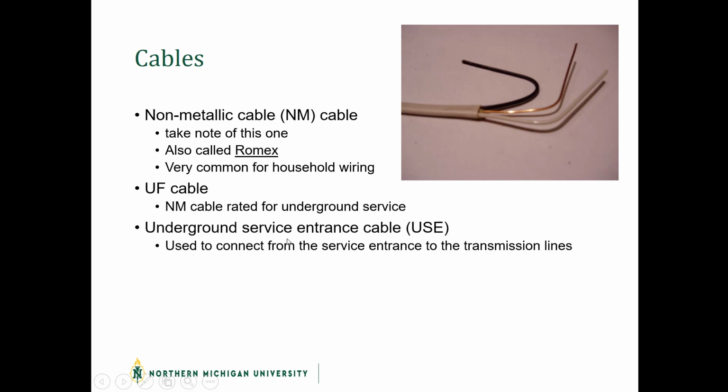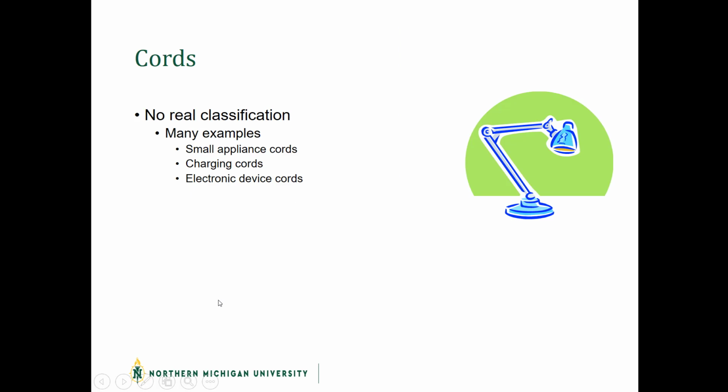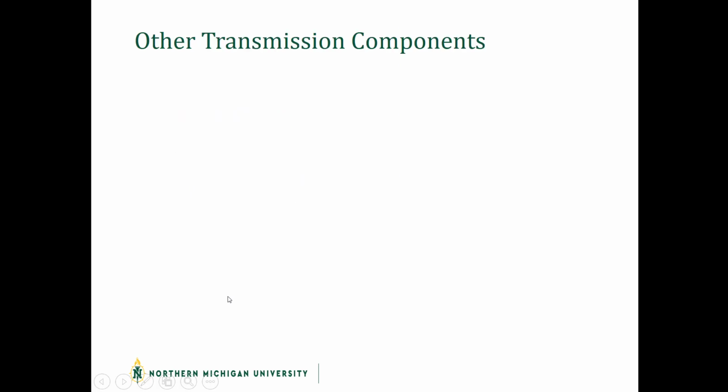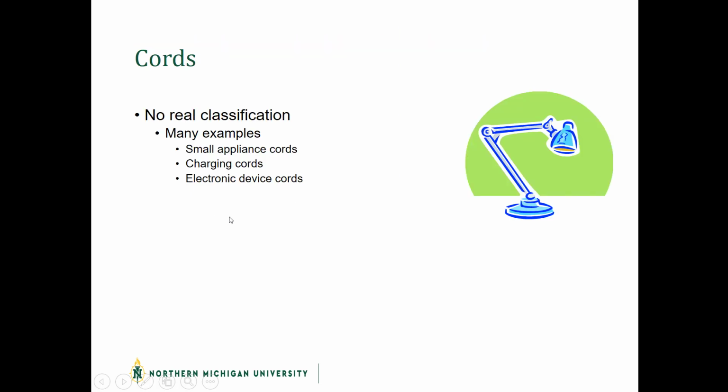Underground service entrance cable, USE, is used to connect from the service entrance to transmission lines. So again, going back to how power is distributed throughout the grid and into buildings, you can use USE, UF, and then NM cable all throughout that process of transmitting power from one place to the next. Cords I don't really get into much. That's just talking about small appliances, small applications. So again, we have a lamp here. If you see a lamp cord, there you have it.